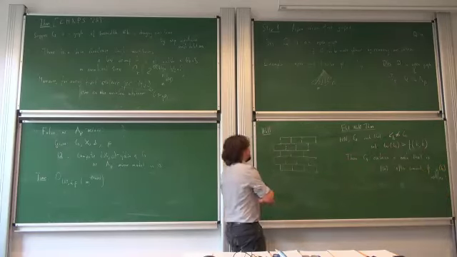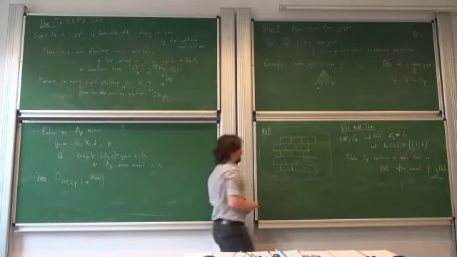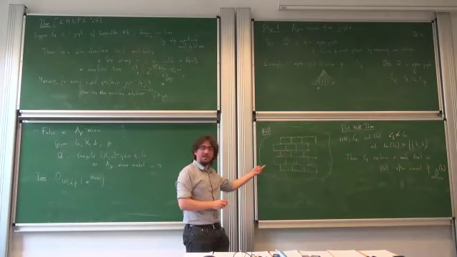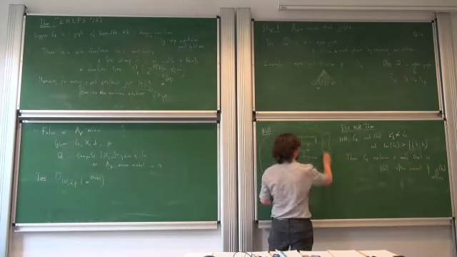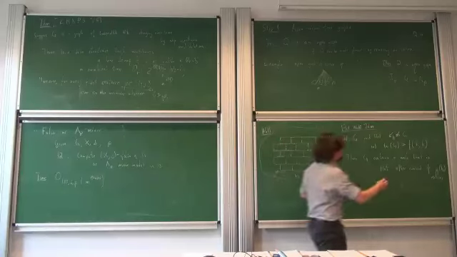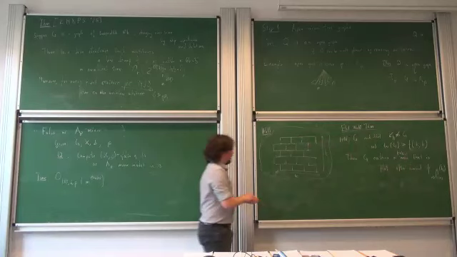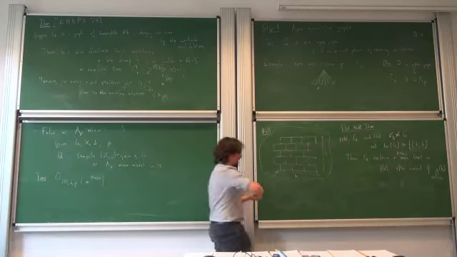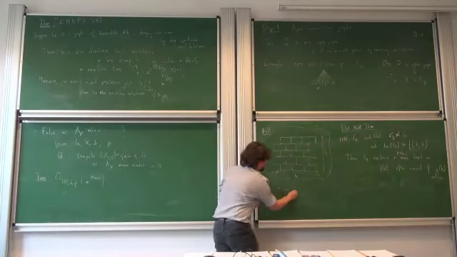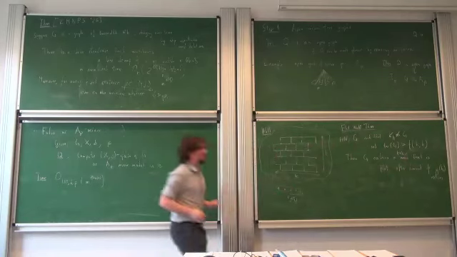I mean that in my whole graph, I can find a wall, a k × k wall. And it will be flat after putting aside a bounded number of vertices that I will call apices.